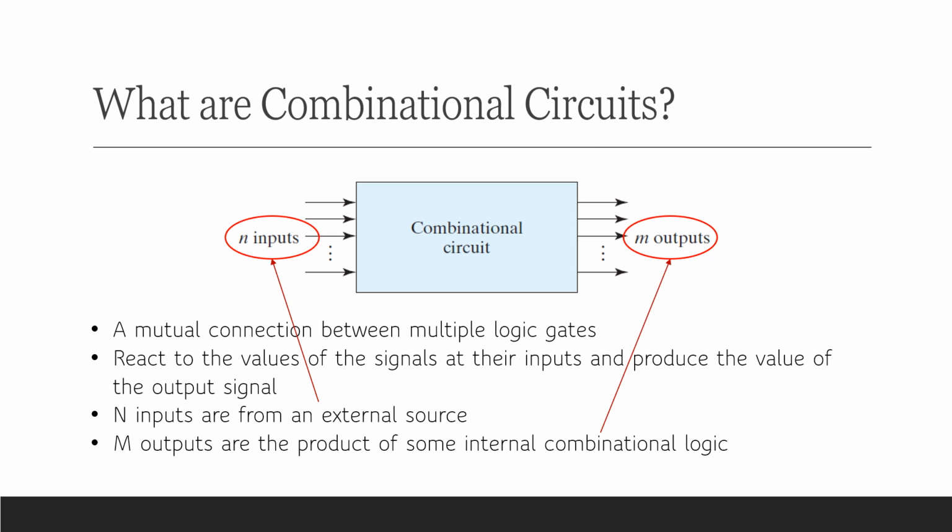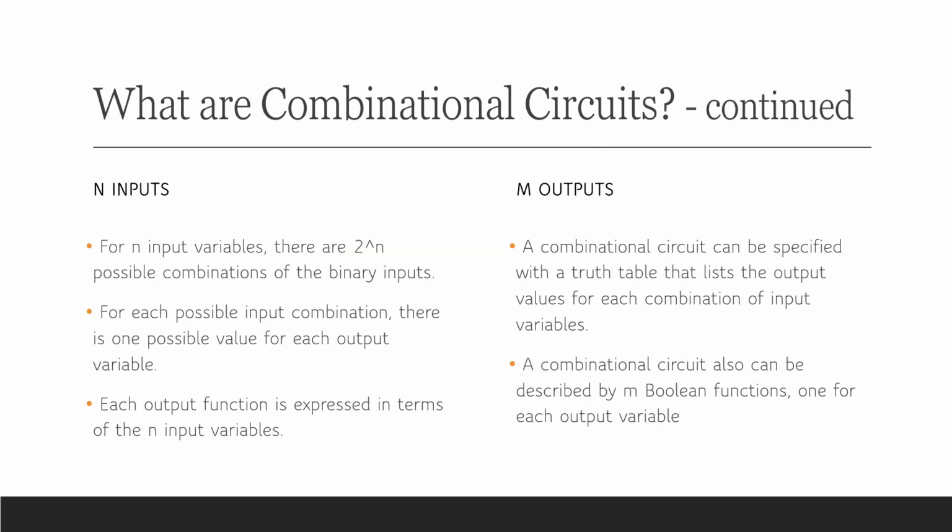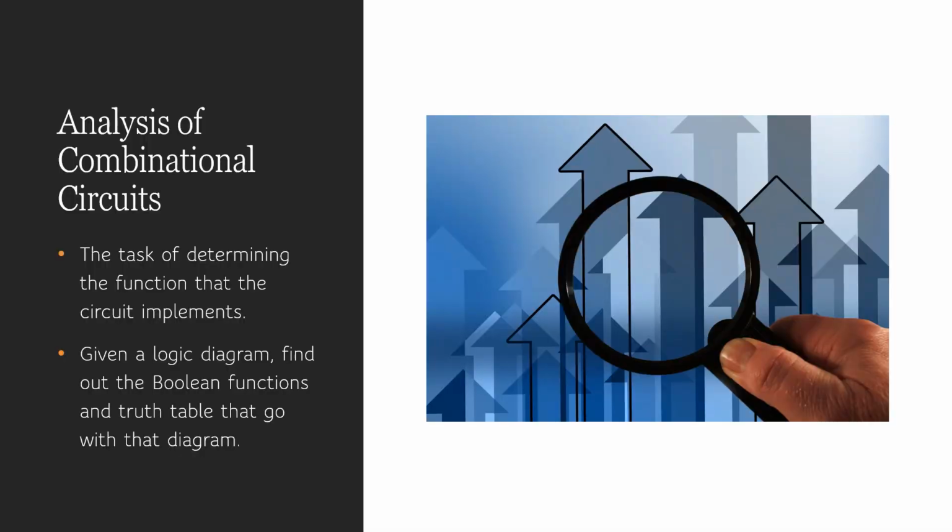Therefore, we can represent a combinational circuit as a truth table that lists the output values for each combination of input variables. The circuit can also be represented as m Boolean functions, one for each output variable, where each output function is represented in terms of the n input variables. So that's going to make a lot more sense as we do our example.